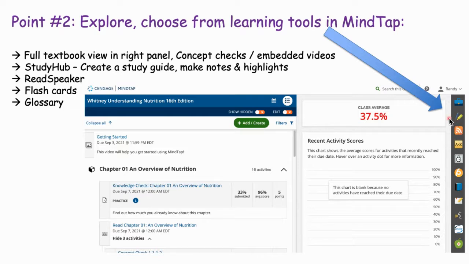Over here, you can take notes along the way and create your own little study guide. If you like to make electronic notes along the way, you have a nice feature in there. So get to know some of these things. You could use one or several of them, or none of them.